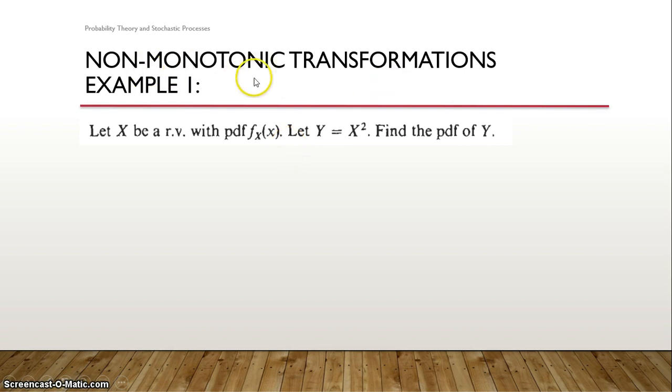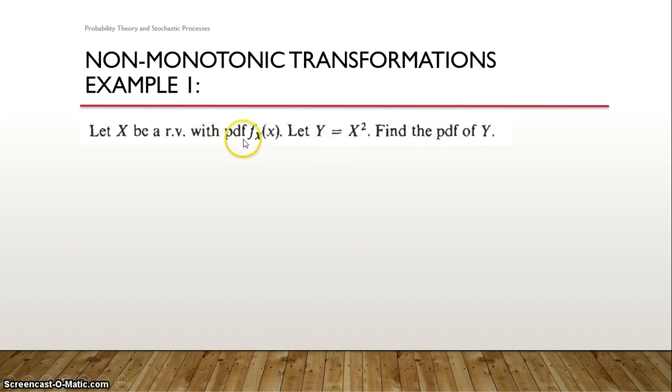We have taken an example also, y is equal to x square, because y is equal to x square increases till a certain instant and then it varies again. So let x be a random variable with density function fx of x.